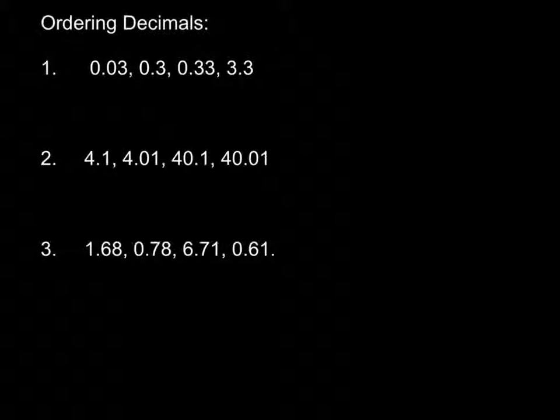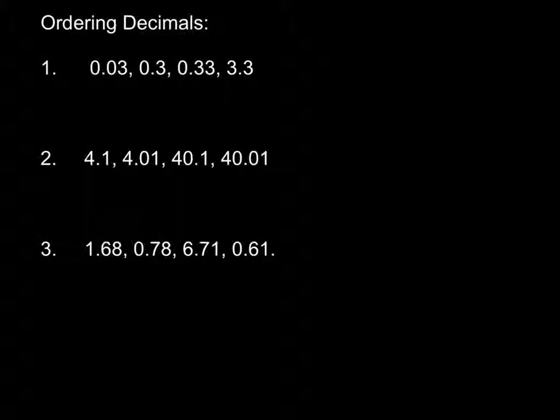Our first number is 0 and 3 hundredths. The second number is 0 and 3 tenths. The third number is 0 and 33 hundredths. And our fourth number is 3 and 3 tenths. We now need to take those 4 numbers and put them in order from smallest to largest.